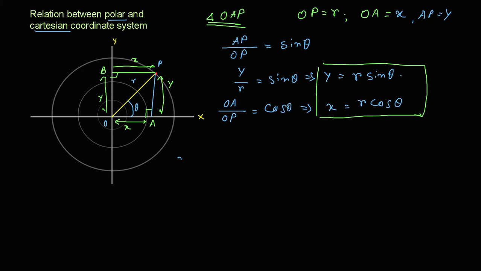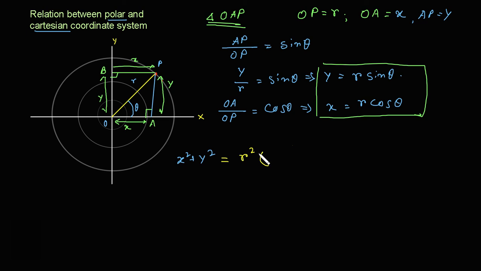So x square plus y square, you can calculate it easily. It gives us r square times sin square theta plus cos square theta. Actually, I'm writing it without proper order. We have to write it in proper order.